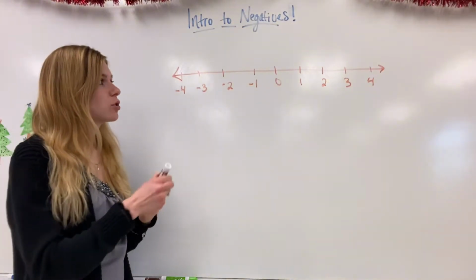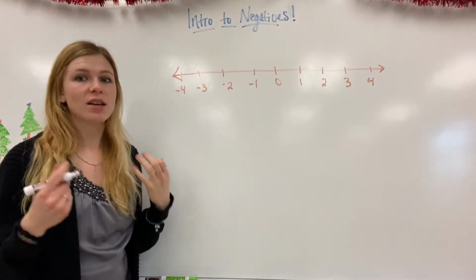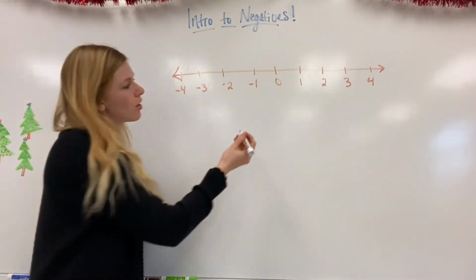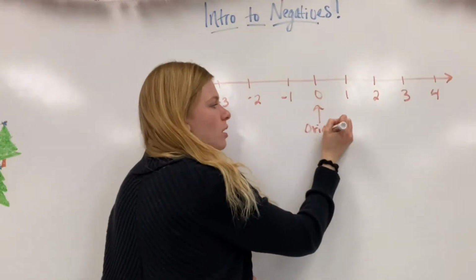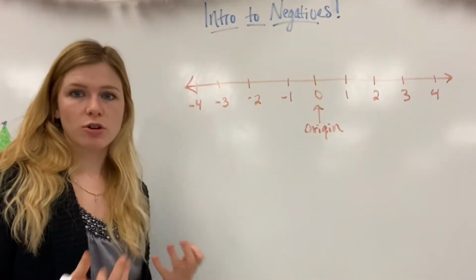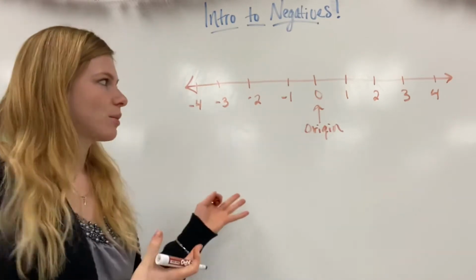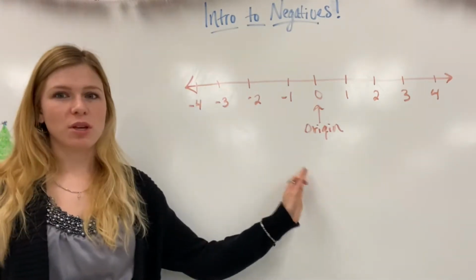I want you to notice that in the middle of the number line is the number 0. This is what we're going to call the origin of our number line. So go ahead and make sure you draw a number line on your paper and label it the way I'm labeling it. The middle is going to be the origin.